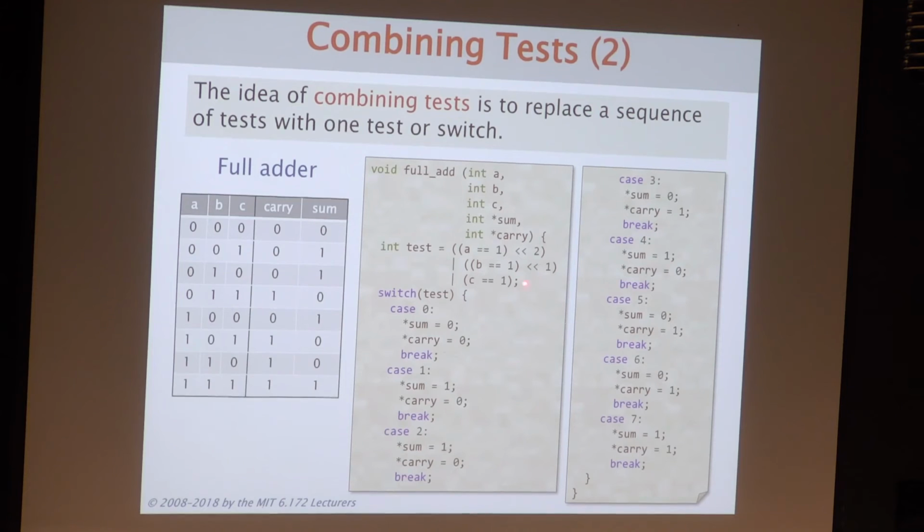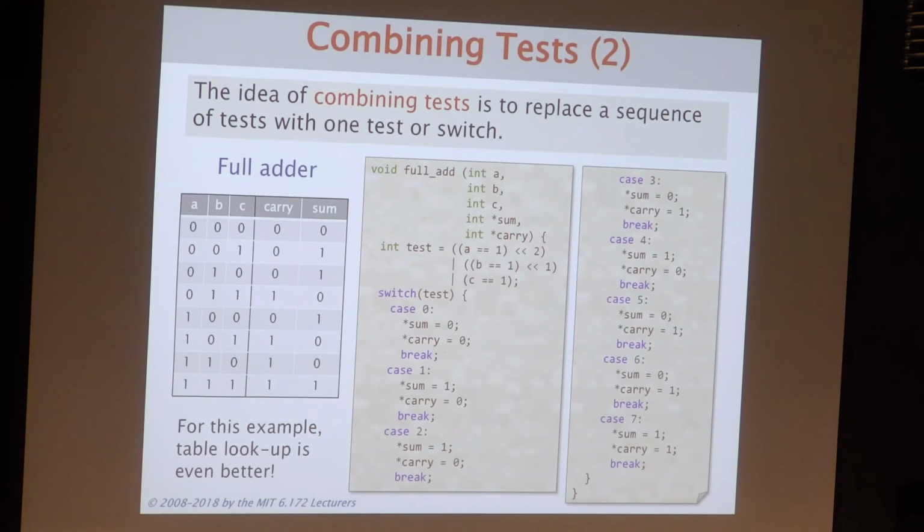The B bit, we're going to shift over by 1, so it's in the second least significant digit, and then the A bit in the third least significant digit. Now the value of this test variable is going to range from 0 to 7. For each possibility, we can just specify what the sum and the carry bits should be. And this requires just a single switch statement instead of a whole bunch of if-else clauses.